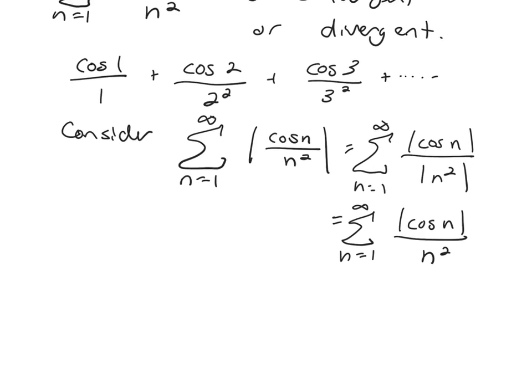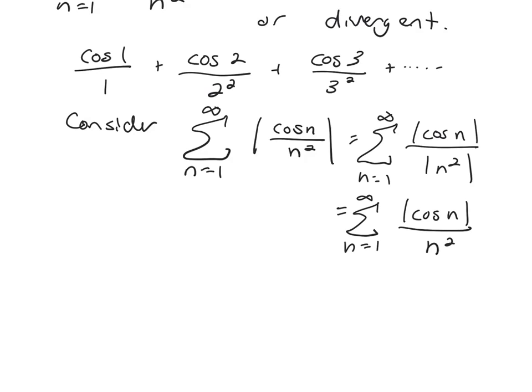Okay, so let's think about our terms here. If we're doing a comparison test, this would be our a_n. And I've got to create a new series to compare it to.